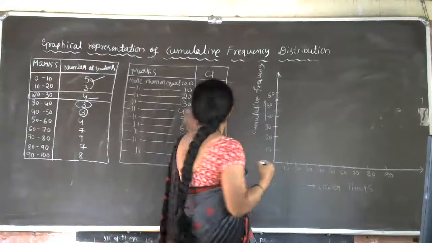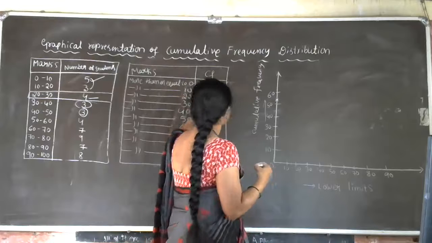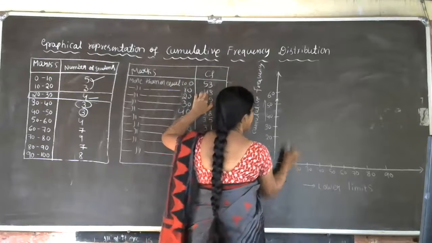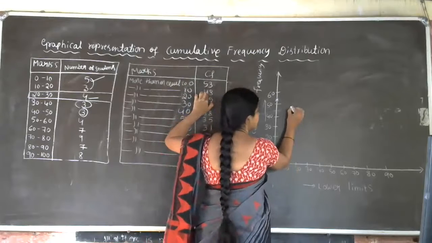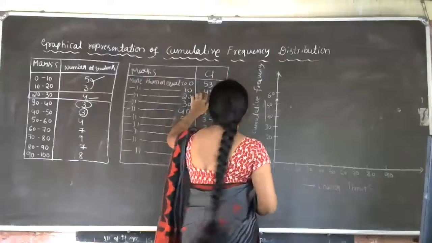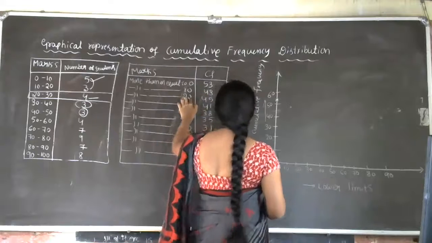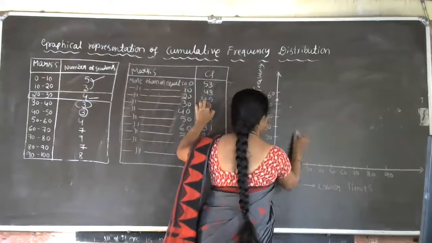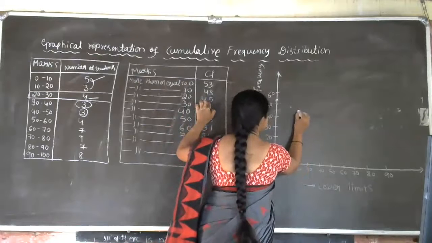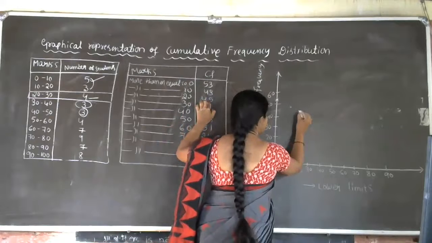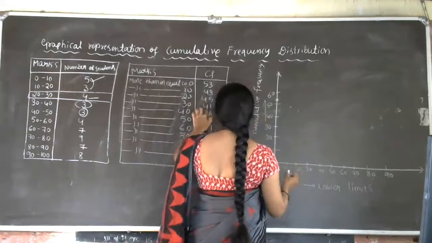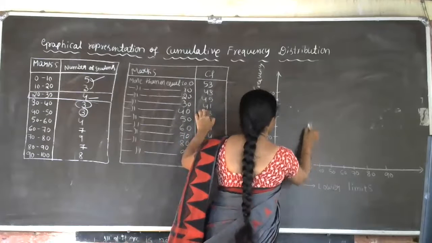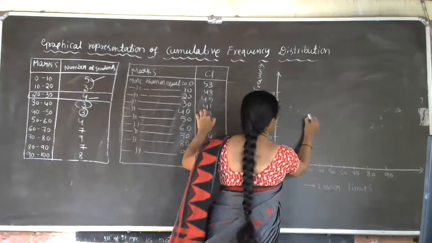This is 0. Next, more than or equal to 10. At 10, 48. At 10, 48 is here. Next, more than or equal to 20. At 20, 45. At 20, 45 is in between 40 and 50. Next, at 30, 41. At 30, 41 is here.